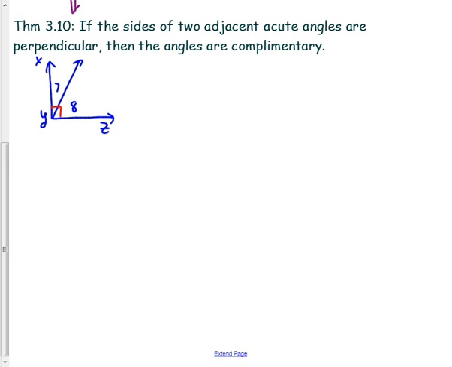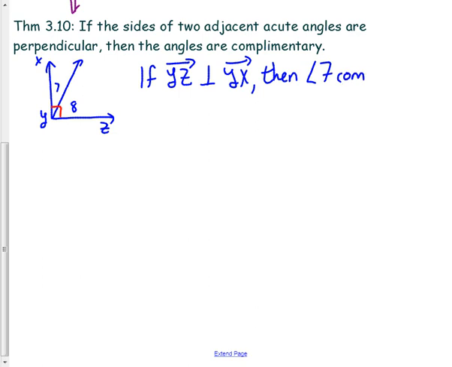So this one reads, if ray YZ is perpendicular to ray YX, then angle 7 is complementary to angle 8.